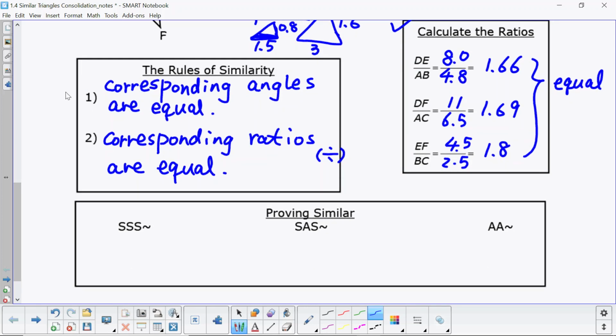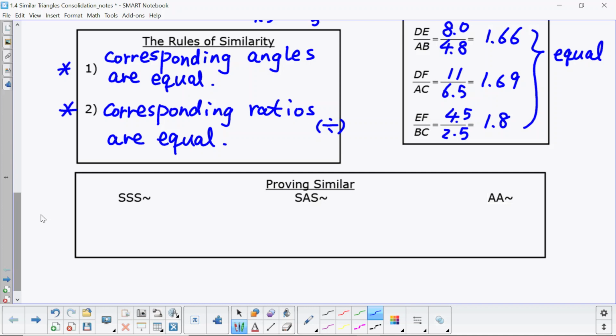So these are the two properties, and we could apply these two properties to all similar figures, not only similar triangles. And we want to focus on similar triangles first. In order to prove that two triangles are similar, you have several rules. SSS, side side side, means if all the corresponding ratios are equal, then the two triangles will be similar.